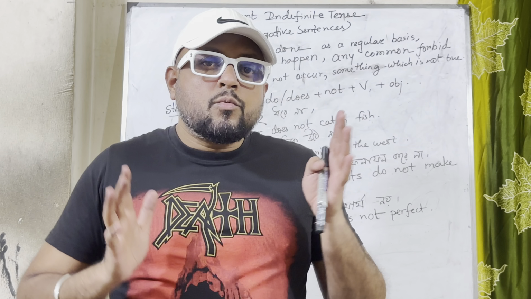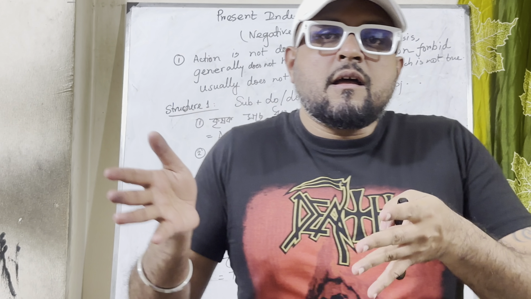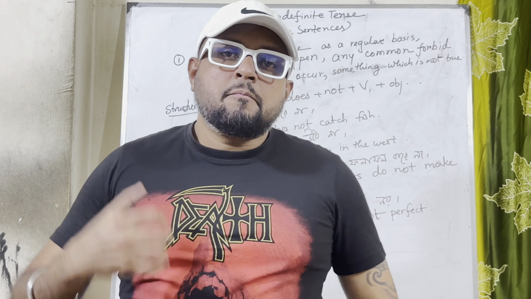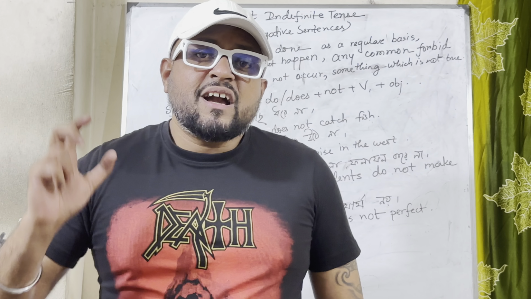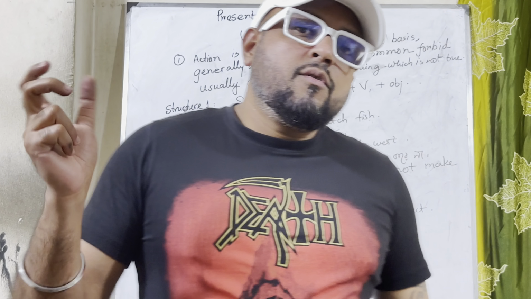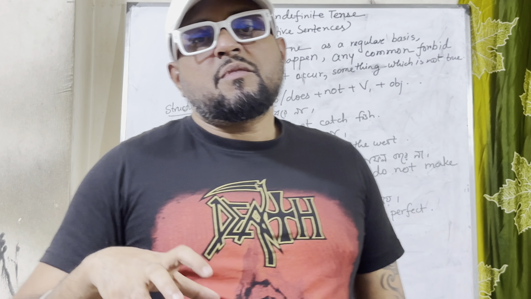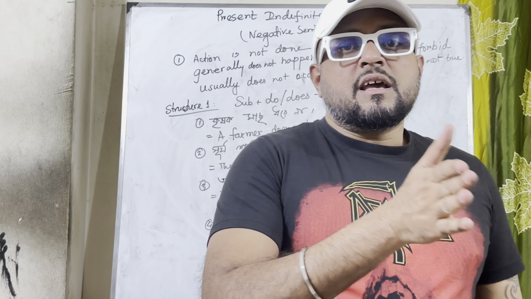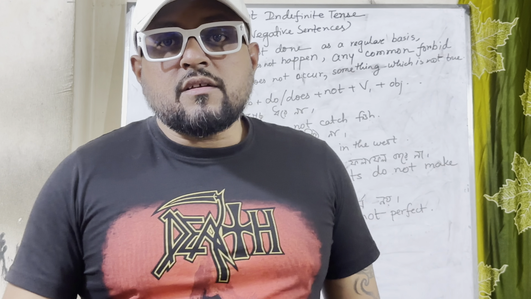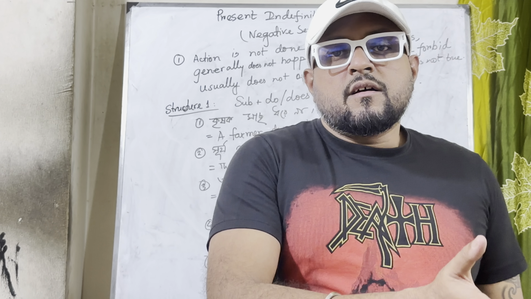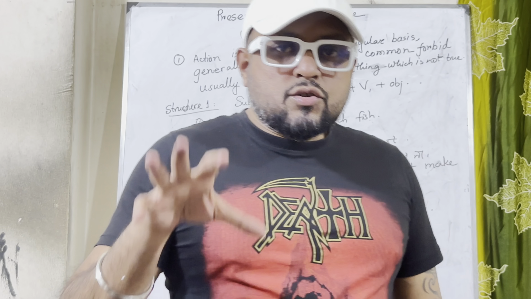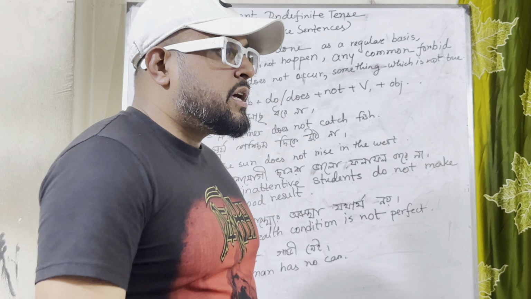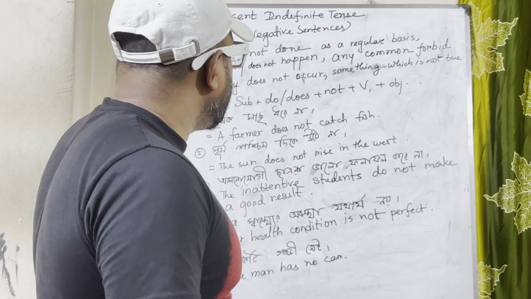Yes, sometimes the students skip the passive structure, but don't make this mistake, because whenever you are learning tense, you need to keep in mind that sentences can be written either in active pattern or in passive pattern. So both of them are equally important. So let's get started with the new video.